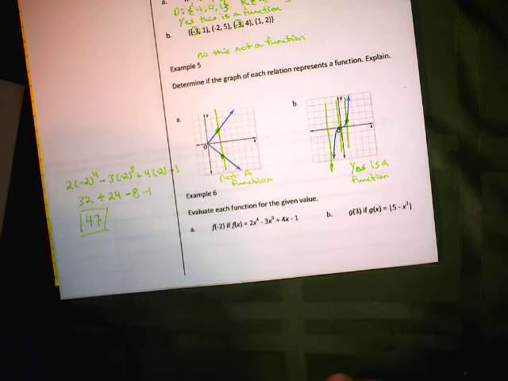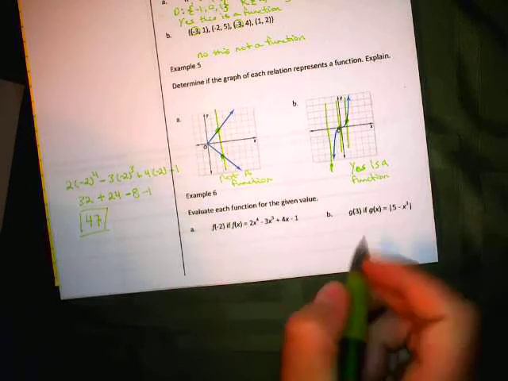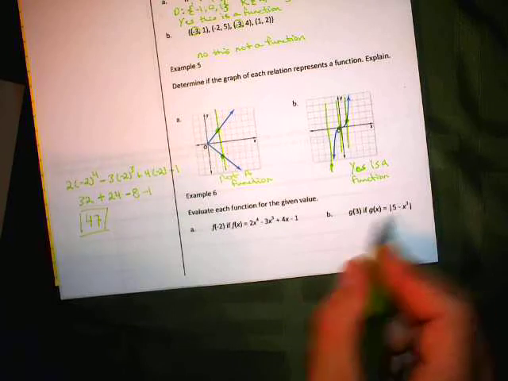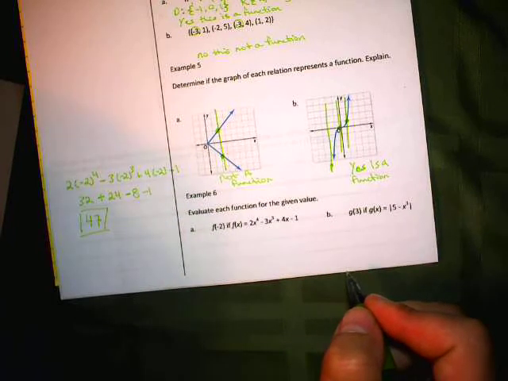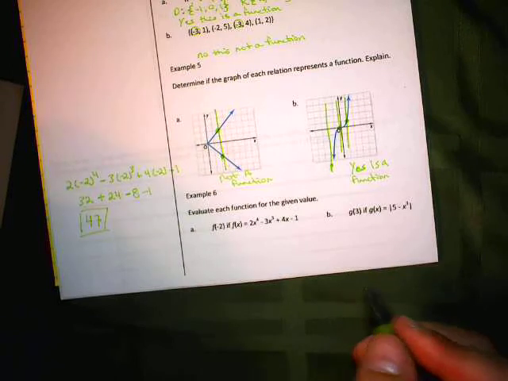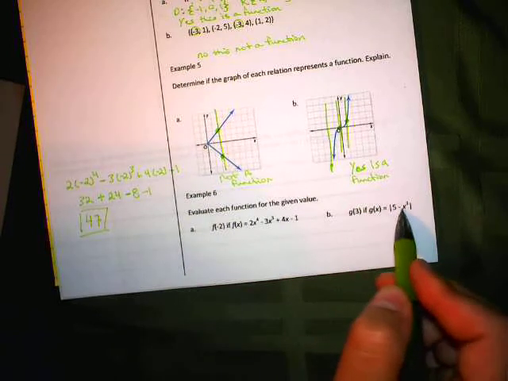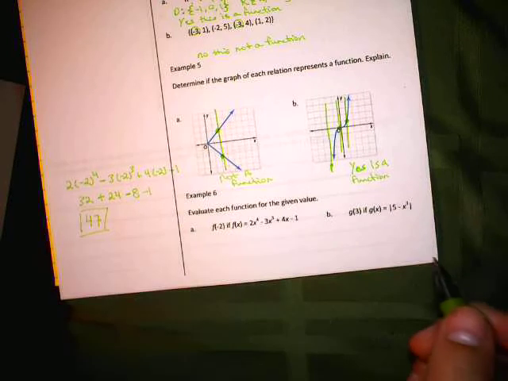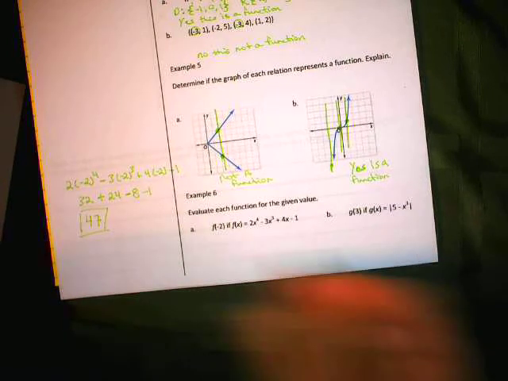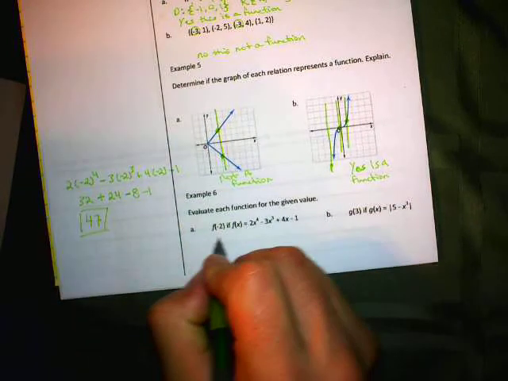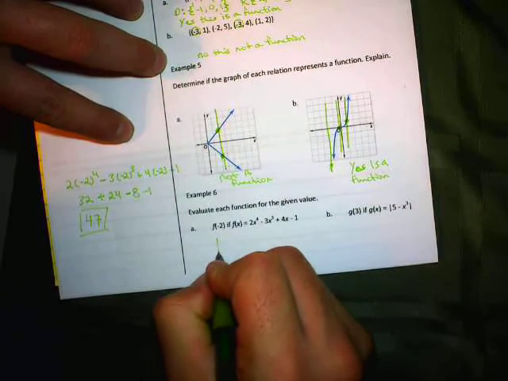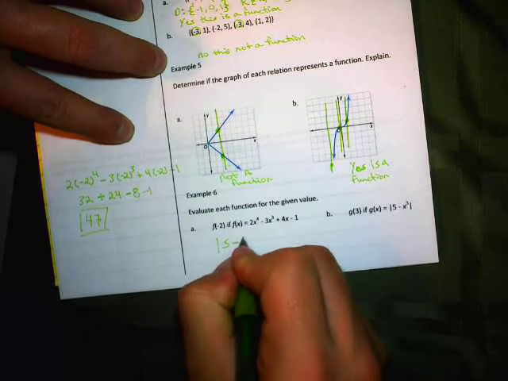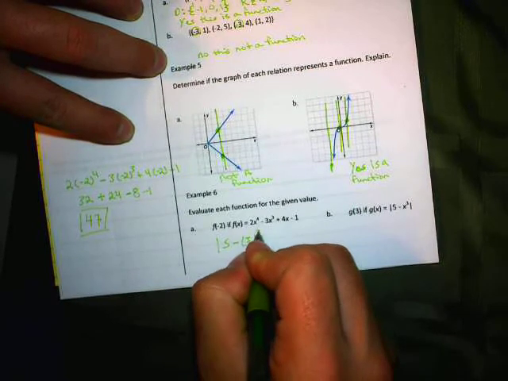Alright, so B, the second one here, again we're going to plug in. B is a little bit different because it's an absolute value, right? So regardless of what happens inside, our final answer is going to have to be positive. So let's use this space right here to work B. Plug in 3 for my x value, so the absolute value of 5 minus 3 cubed.